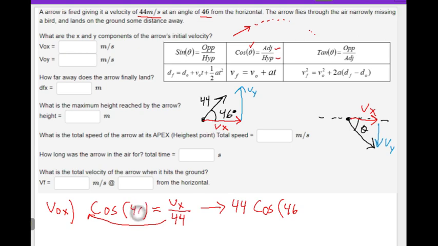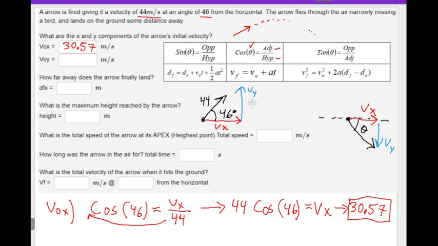Sorry. All right, and that's equal to Vx. Plug that into my calculator, and I find out that Vx should equal 30.57. So Vx is now solved for. You can go ahead and write that up here, 30.57.